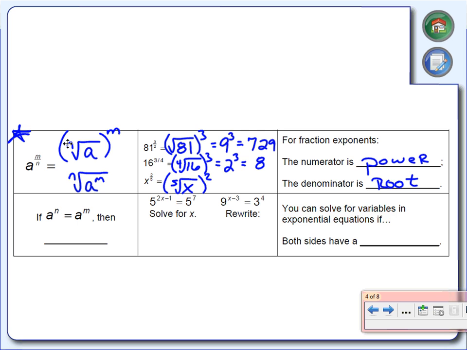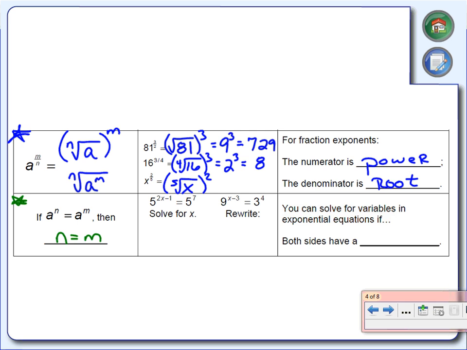Now the next one, we're going to go ahead and introduce you to it, but tomorrow we'll look more in detail on this rule. Today we're just kind of introducing it. This rule says that if a to the n power equals a to the m power, then the two exponents should be equal to each other. n should equal m.